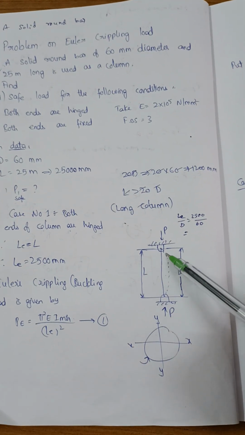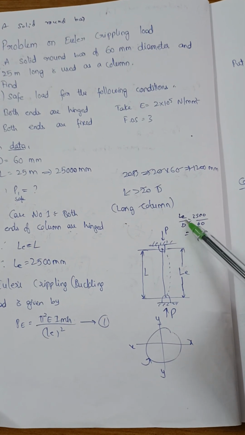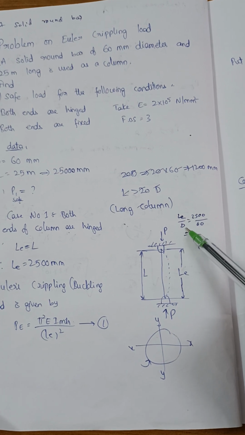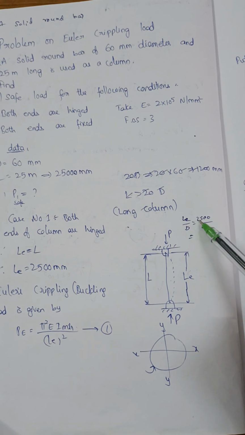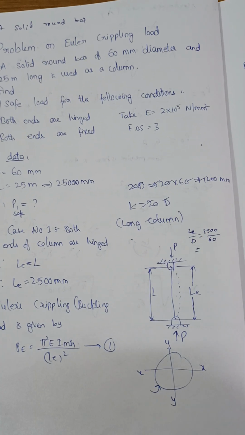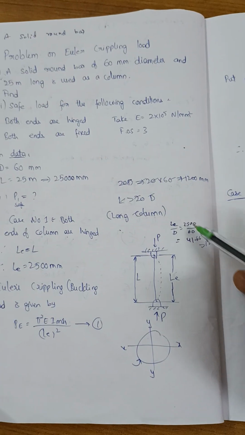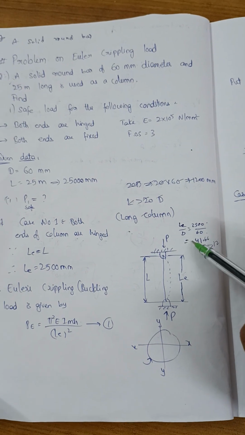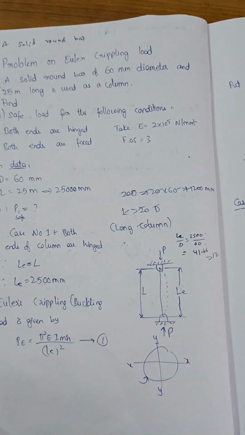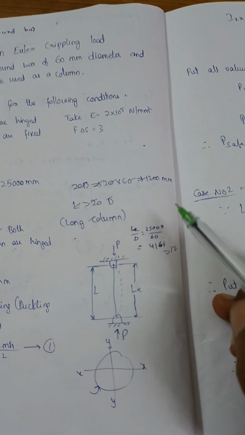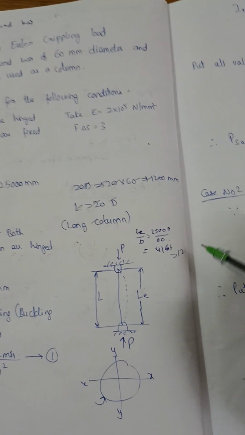Here we need to check: effective length divided by diameter should be greater than 12, then it is a long column. So this ratio, L E divided by D, is 25,000 divided by 60, so 416.6, which is greater than 12. So it is a long column.